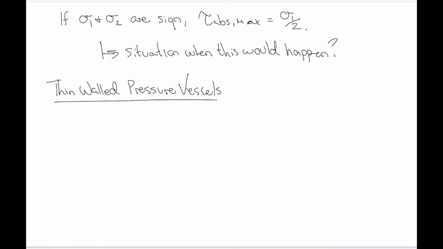Thin-walled pressure vessels are things that hold fluid under pressure, like your propane tank. Let's draw this horizontally, to save some space. They have a relatively thin wall thickness in relation to their radius.